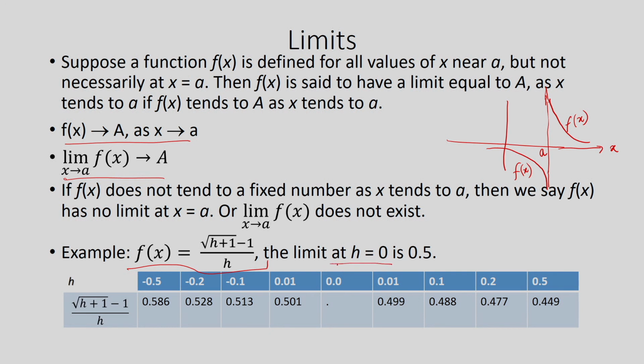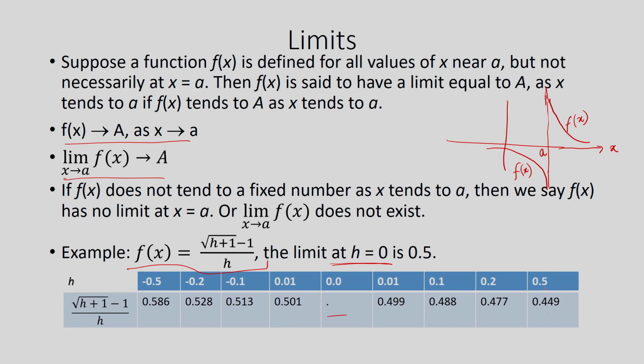So, what do we do? We take values of h very close to 0, right. At h equal to 0, this function is undefined because the denominator becomes 0. So, here you have a dot, nothing is there. I am not taking h equal to 0, I am taking h very close to 0.